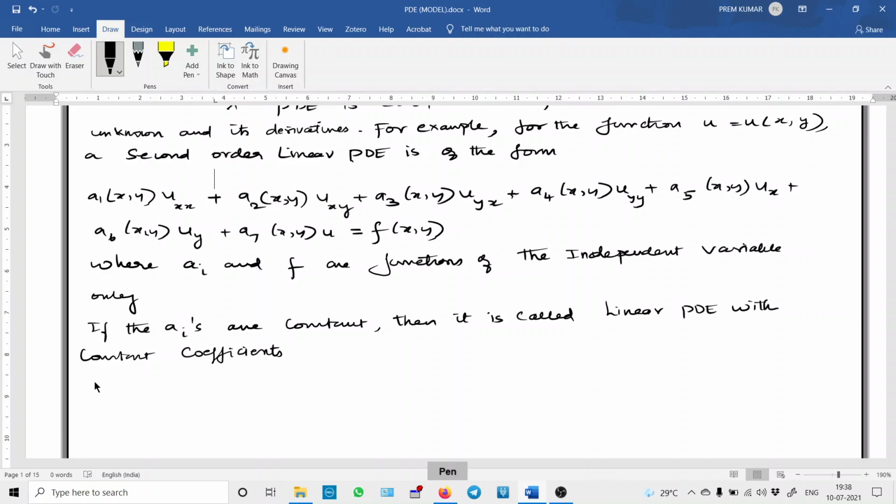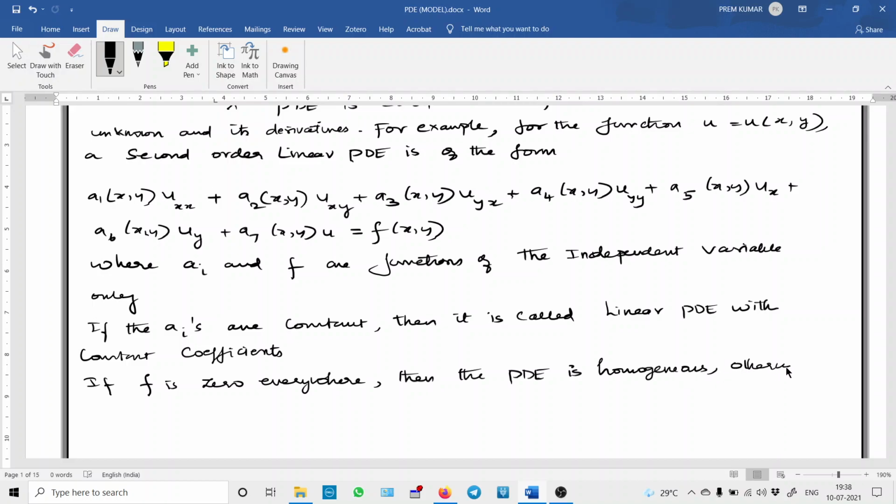If the right hand side function of the above equation is 0 everywhere, at all points of x and y, then the partial differential equation is homogeneous. Otherwise it is called non-homogeneous.